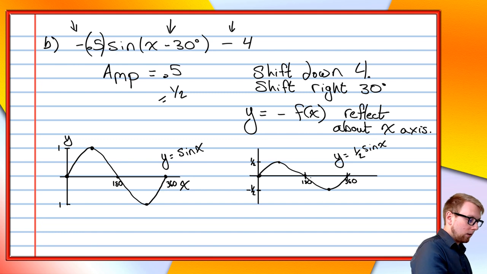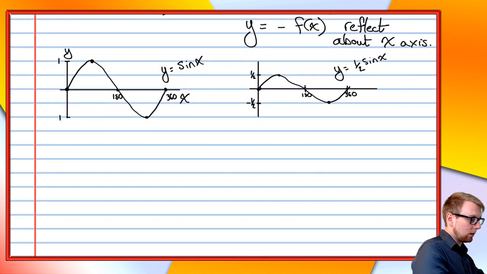So for example, you see that here at 180 degrees, it's at 0. Well, if we add 30 degrees, it'll be 0 at 210 now, right?